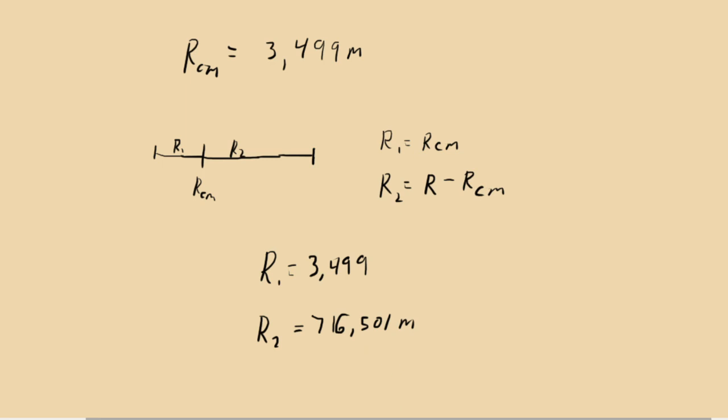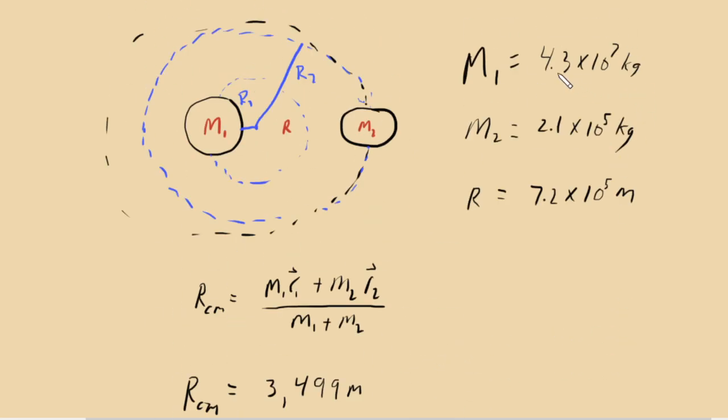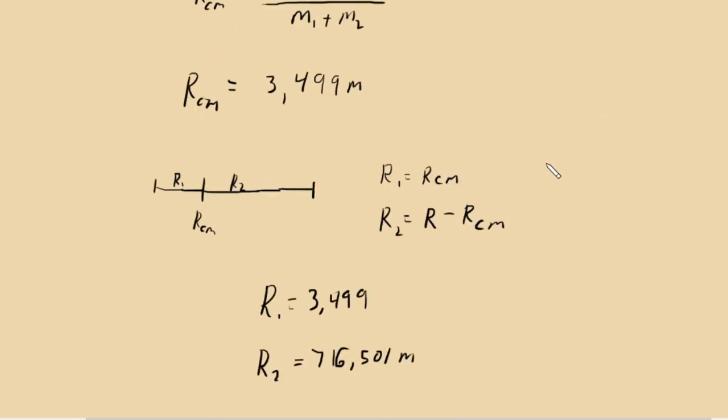At first it might seem like we did something wrong because R1 is so much smaller than R2. But if we look at our masses, mass 1 is much larger than mass 2 by a factor of 2. And if we look at the factor of the difference in magnitude of these two, if we moved our decimal place over and added 1, 2 more, we would have approximately the same magnitude. It would almost be split 50-50.